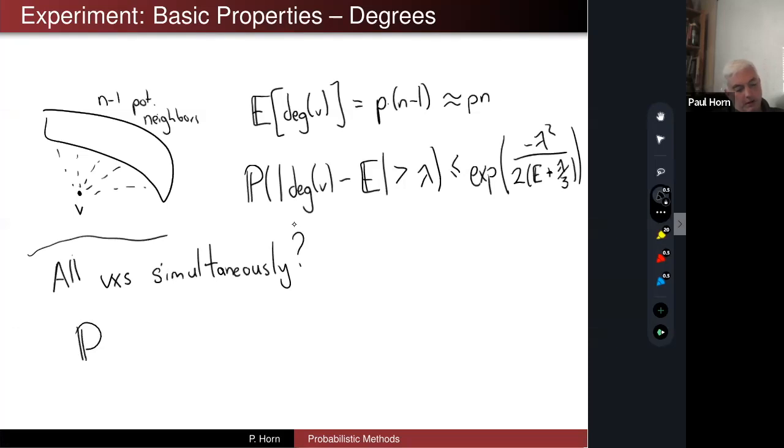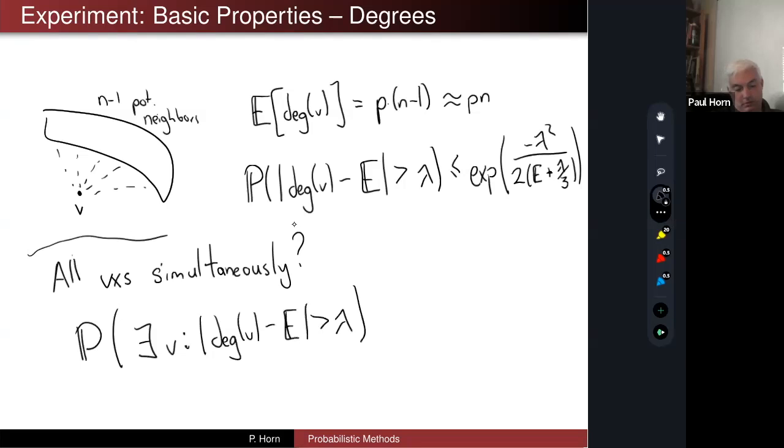So what's the probability that there exists some vertex V such that the degree of V differs from its expectation by more than lambda? Well, for any given vertex, I get this e to the minus lambda squared over twice the expectation plus lambda over 3.